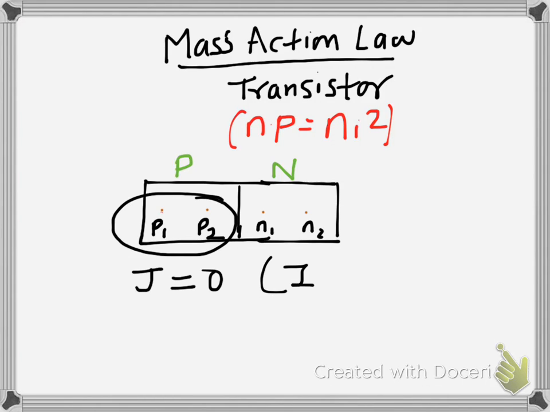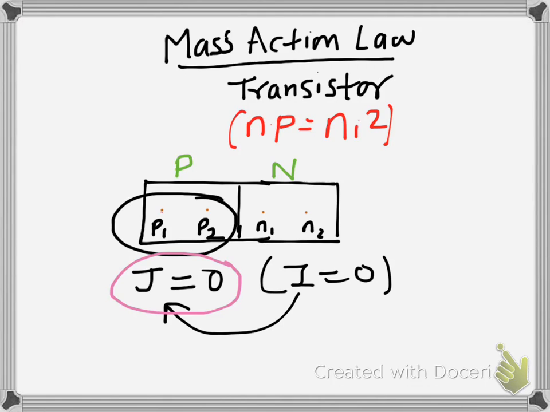Obviously the current has to be equal to 0 since no external voltage has been applied, and in that case the net current density will be 0 as well. So this will form the basis of our derivation. We will start with making the current density equal to 0.